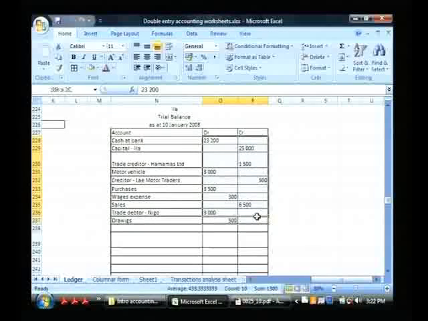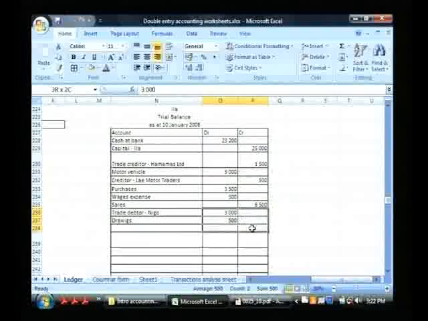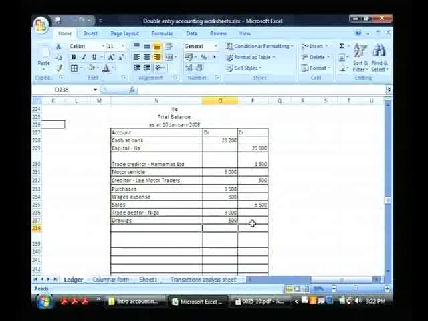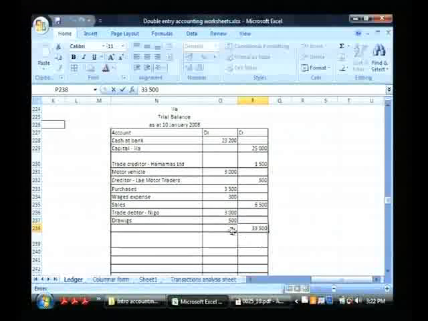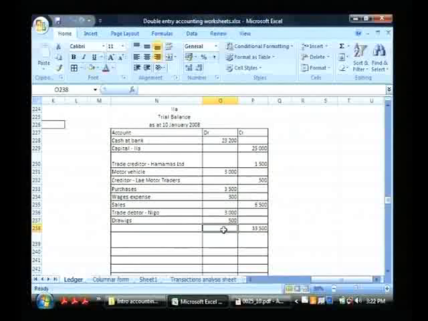So now find the total. Total 25,000 plus 1,500 plus 500 plus 6,500 equals 33,500, and this side 23,200 plus 3,000 plus 3,500 plus 300 plus 3,000 plus 500.